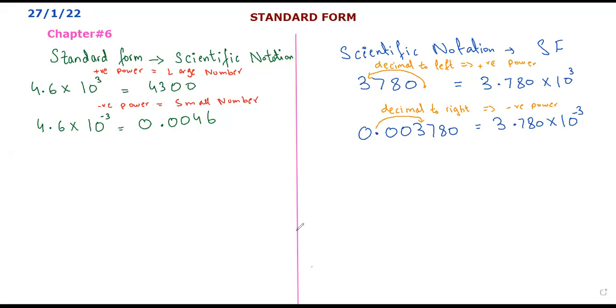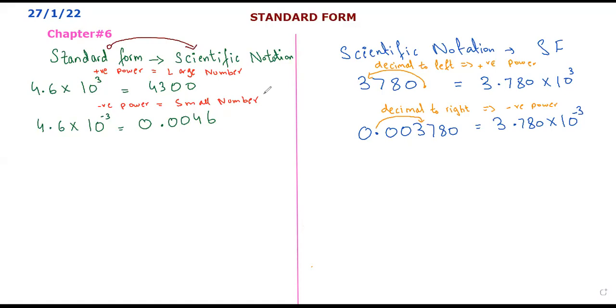Okay, perfect. So yesterday we were discussing the sixth chapter, that is standard form, but it was not clearly understood, so let's talk about that first, and then we'll talk about the new topic, right? In these questions, you would be asked either to convert standard form to scientific notation.